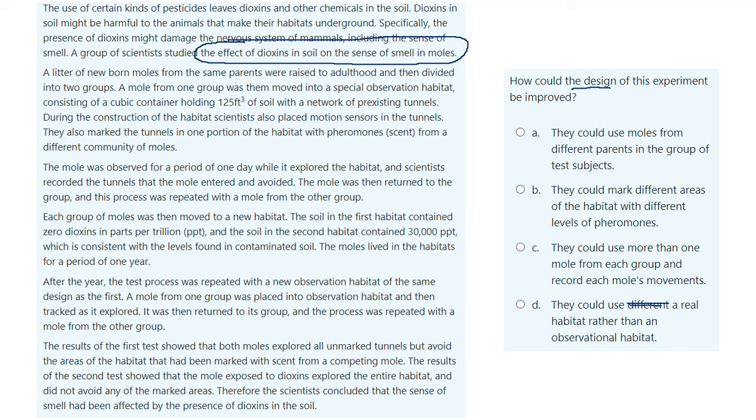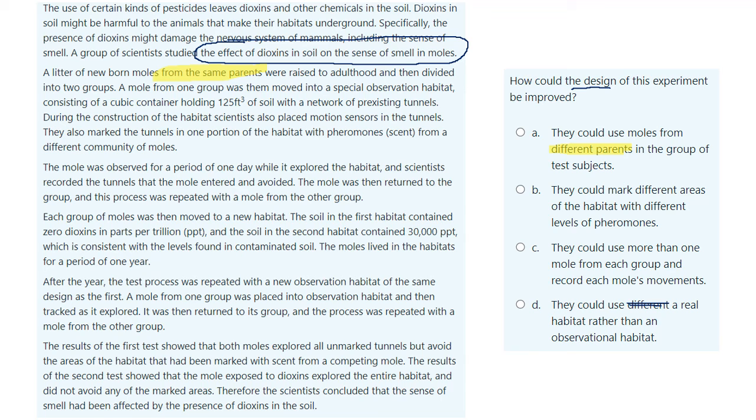A litter of newborn moles from the same parents were raised to adulthood, then divided into two groups. Now, can you see one thing that's controlled there? They are from the same parents. Being from the same parents is good. If they had been from different parents, then you might introduce an extra variable.